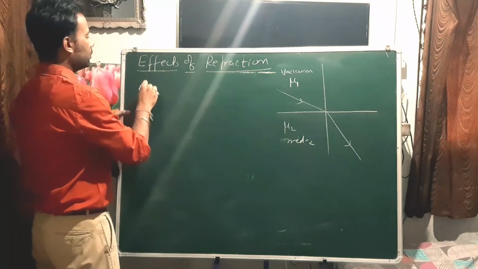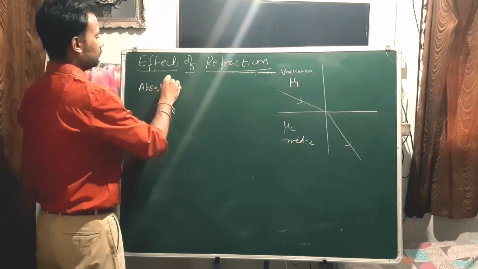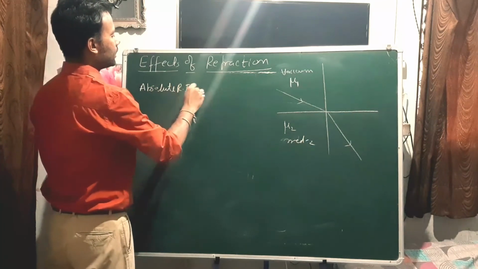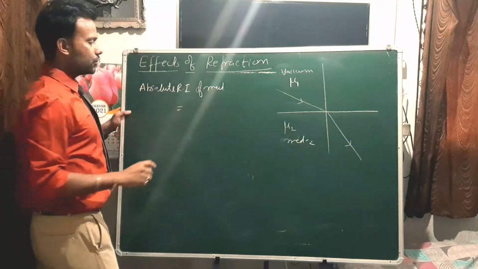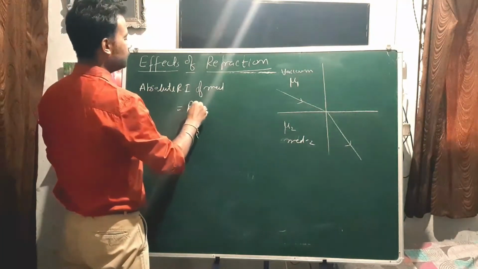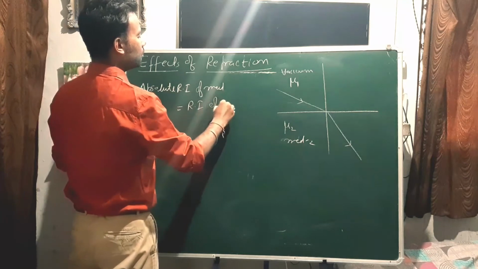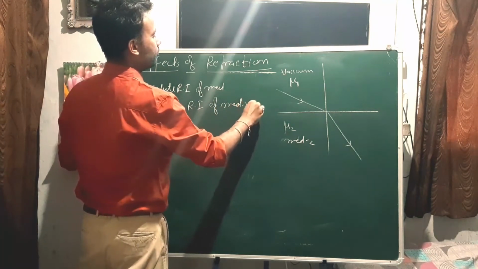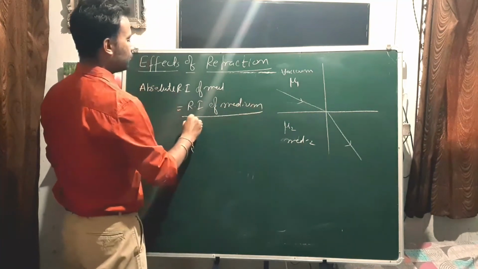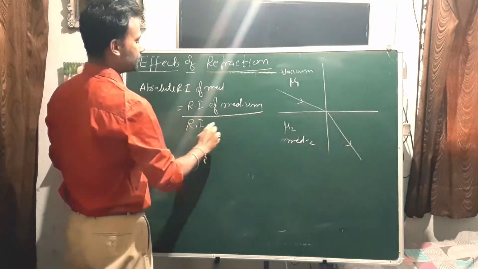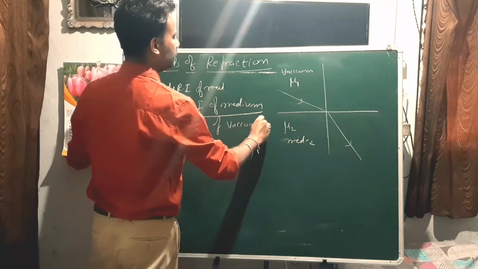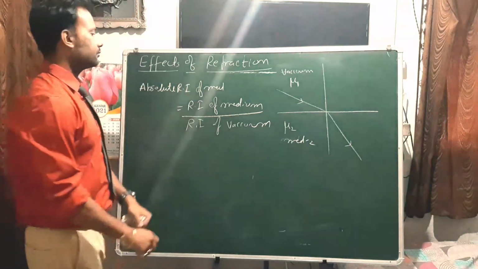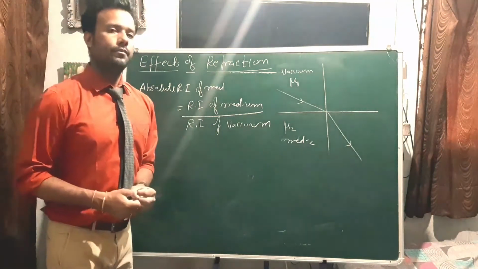So the absolute refractive index of a medium is the ratio of the refractive index of the medium with respect to the refractive index of vacuum. All right, and that is denoted by mu.